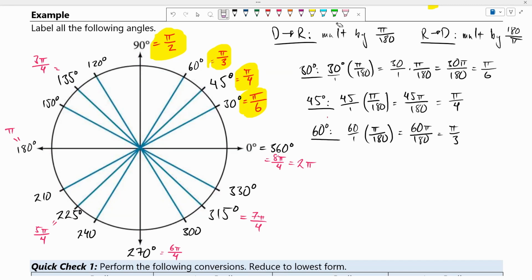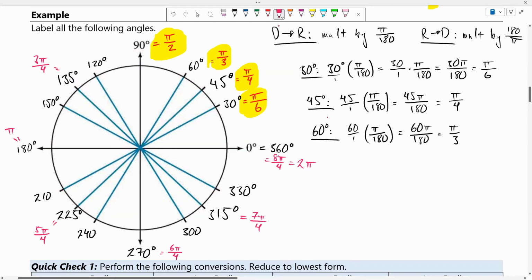The exact same thing can be done with the pi over 6s. I'm going to do those in hot pink. Pi over 6. Add another pi over 6, that's 2 pi over 6. Add another pi over 6, 3 pi over 6.